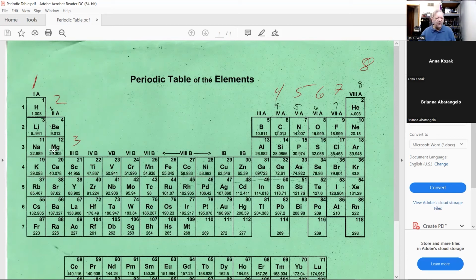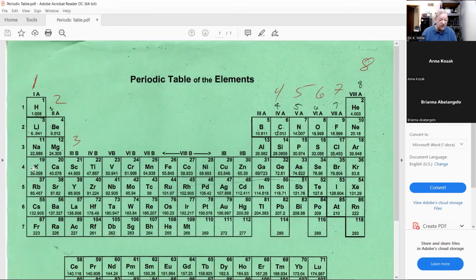So whenever you see an element in the periodic table that's an alkali metal or alkaline earth metal, lithium, sodium, potassium, or magnesium or calcium, it will never form a covalent bond. It will always form an ionic bond.